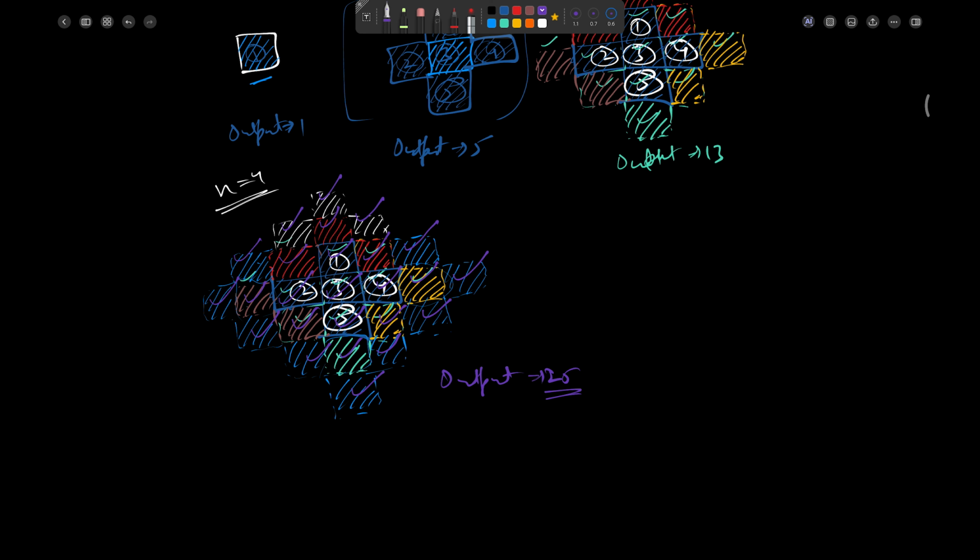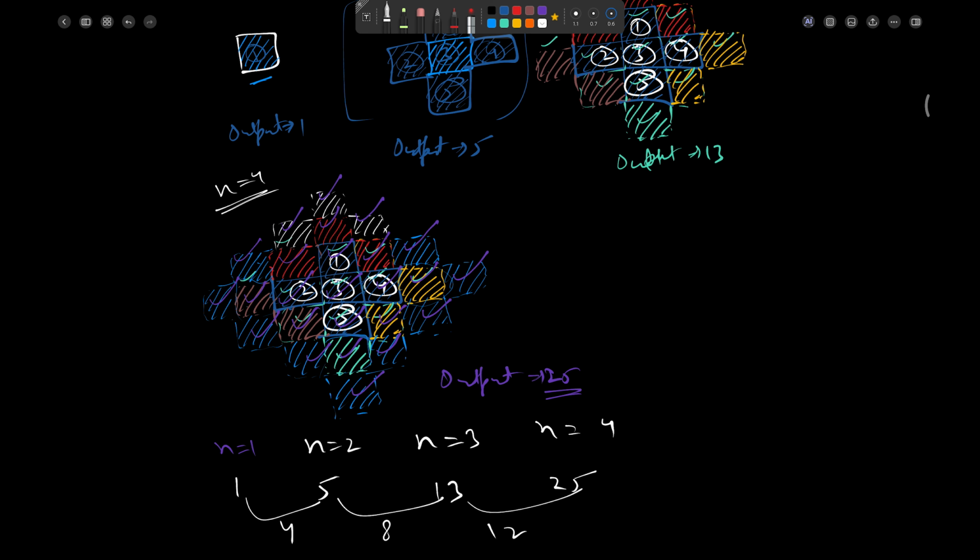So now we can see the pattern here. For n equals 1, we got output as 1. For n equals 2, we got 5. For n equals 3, we got 13. And n equals 4 gives 25. Now we can find the differences in this sequence here: 4, 8, and 12.